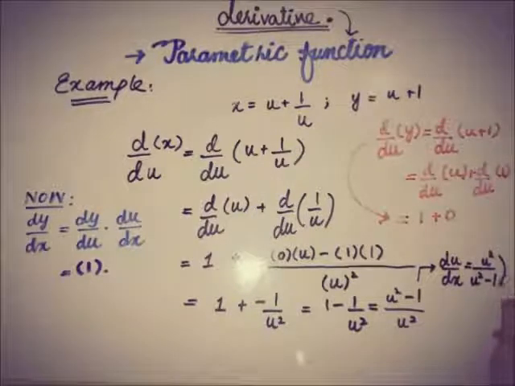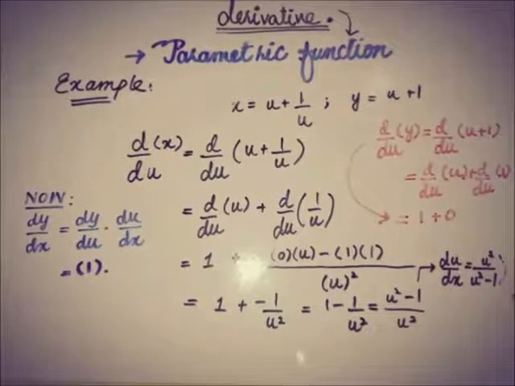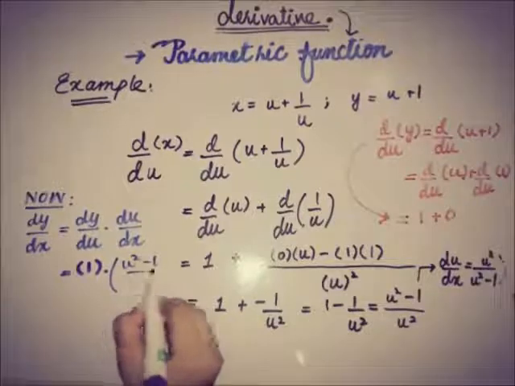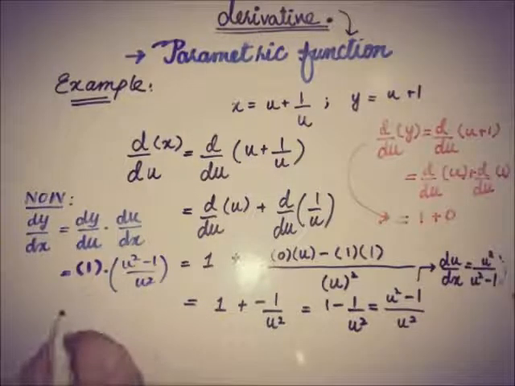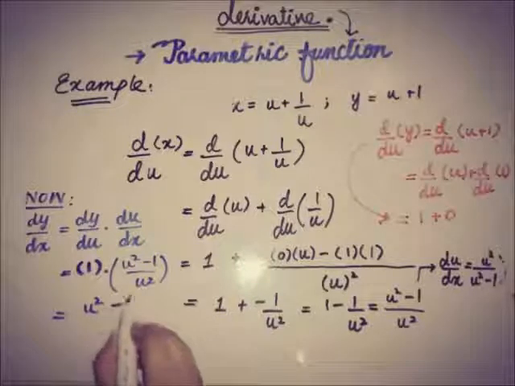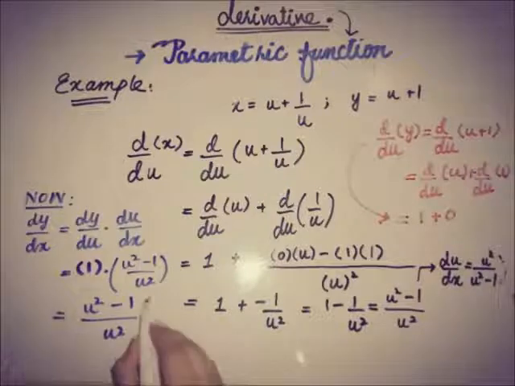Using this, eventually dy by dx comes out to be u square over u square minus 1. So this is our answer.